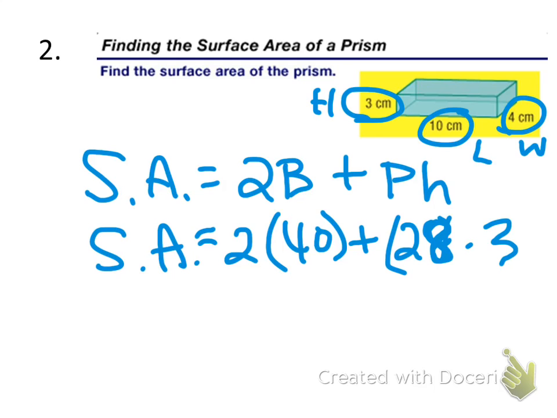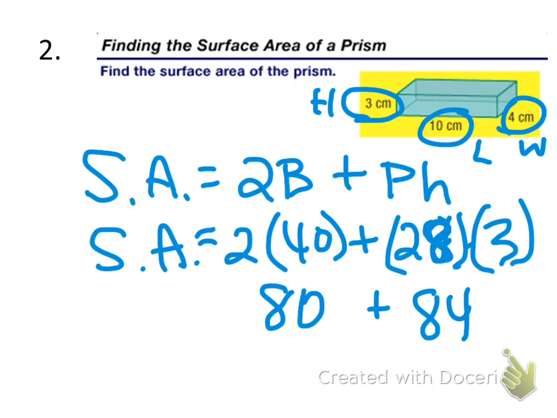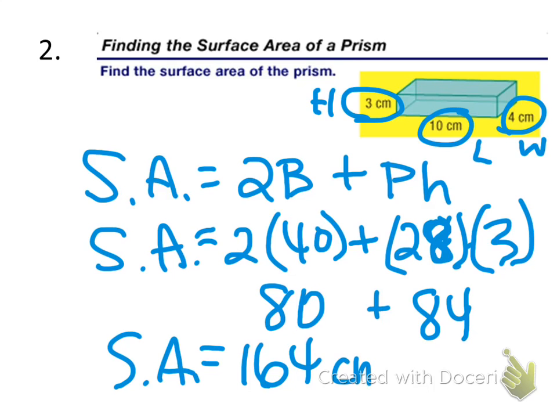Okay, so you're going to multiply 28 times 3. 84. And 2 times 40 is 80. So our final answer is 164 centimeters squared because it is surface area.